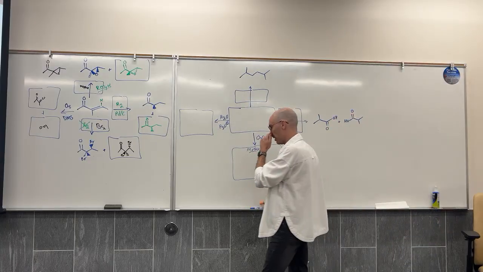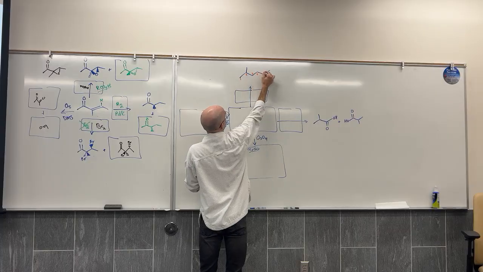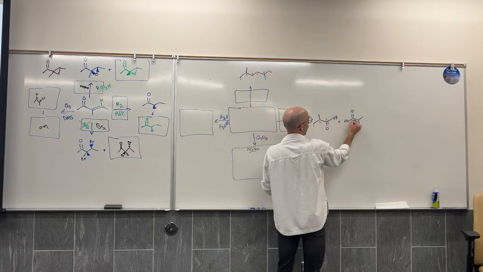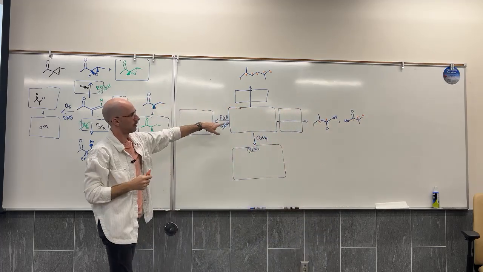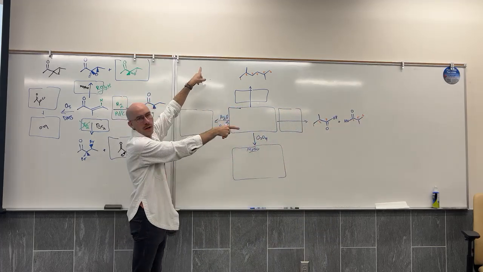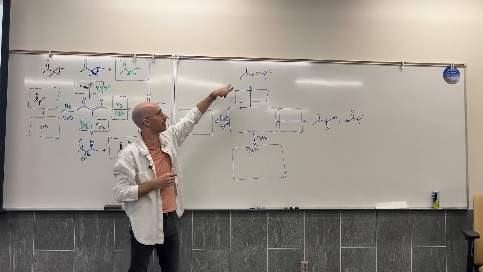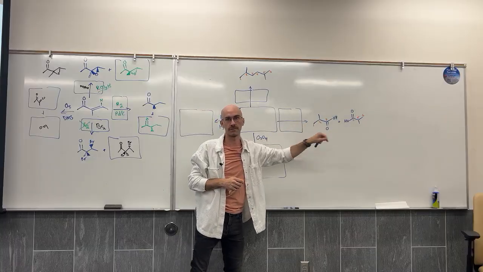What I'm going to do is map my carbons so that I can see exactly how those carbons from my starting material end up in both of my products. Or another way of saying this, I can confirm that this product has the same number of carbons as this product.